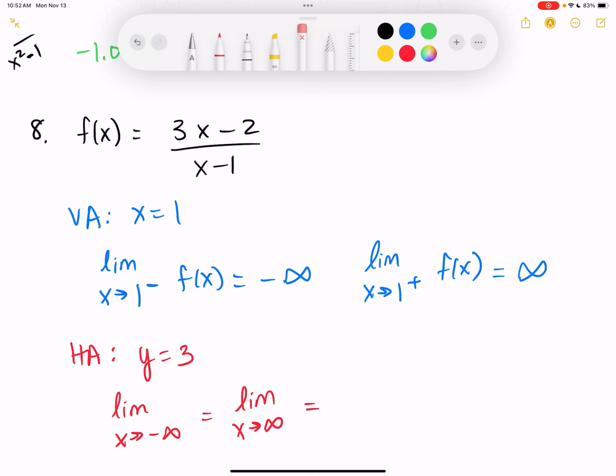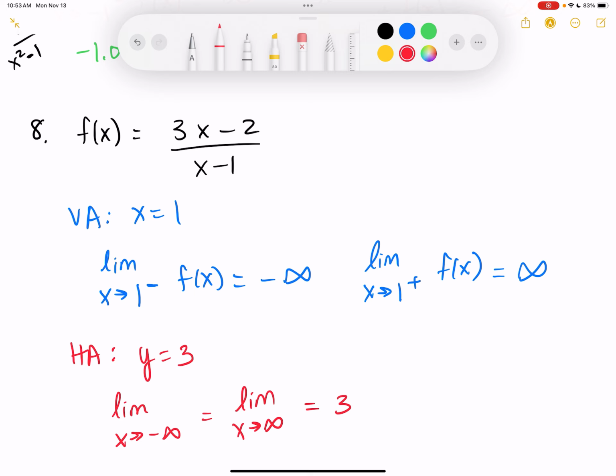So if I put in negative 500, 3 times negative 500 divided by negative 500, you get 3. So the answer is 3. And so we just verified that what we said our horizontal asymptote was is actually the case.